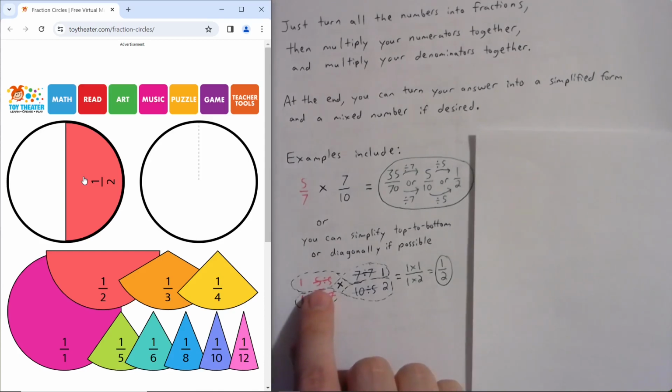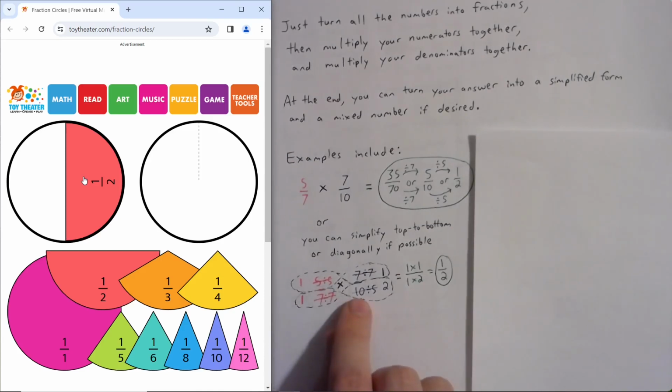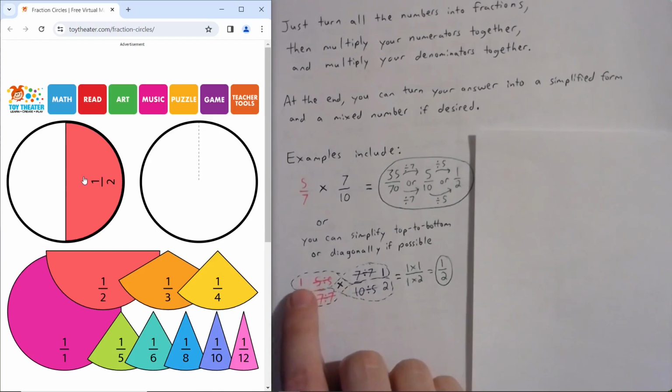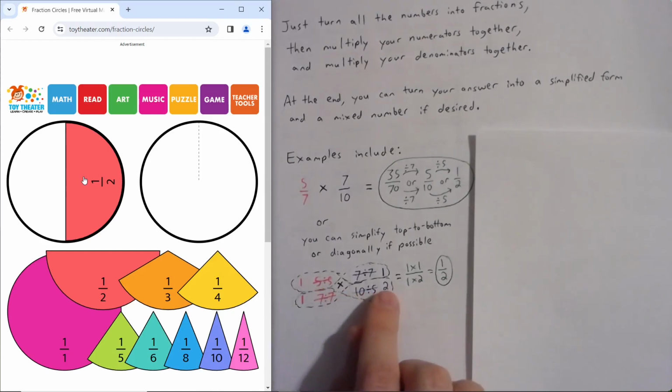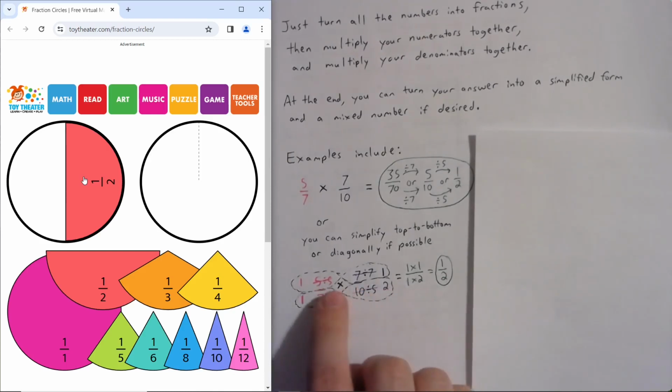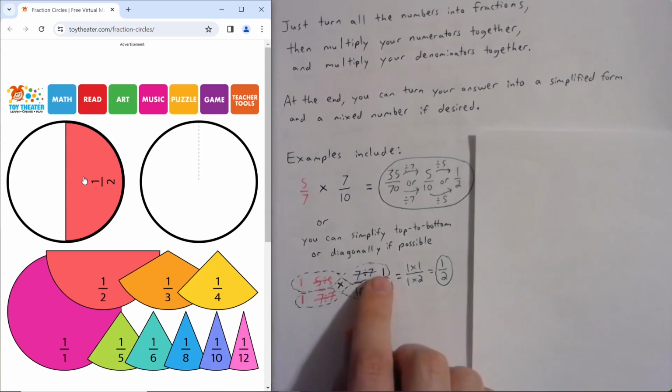But the way that works if you simplify diagonally, or what I call cross-simplifying, is you divide the top of one fraction and the bottom of another fraction by the same number. In this case, 5 and 10 can both be divided by 5. And 5 divided by 5 is 1, and 10 divided by 5 is 2. And then in this case, we have a 7 and a 7 here, and they can both be divided by 7. So 7 divided by 7 is 1, and 7 divided by 7 up here is 1.